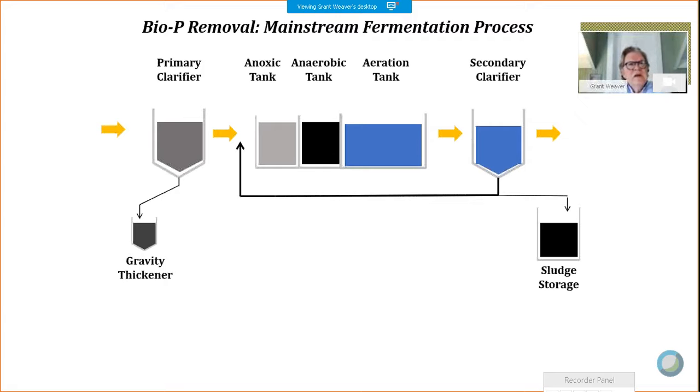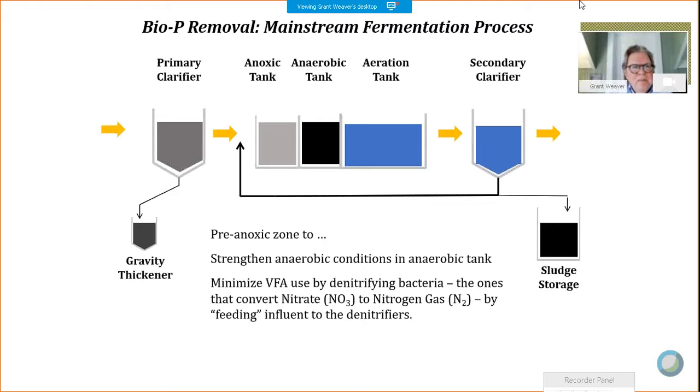Feed them BOD coming in as the influent, and the denitrifiers, the bacteria, the nitrates that flow in the RAS into the now anoxic tank will get converted to nitrogen gas. There'll be fewer nitrates flowing into the anaerobic tank, so you get more bang for the buck for your VFA production in this anaerobic tank.